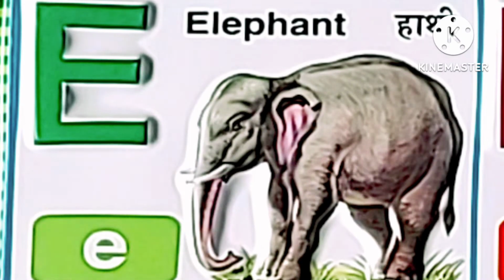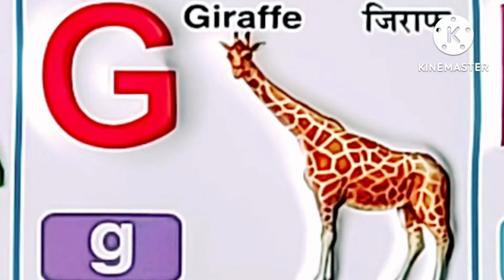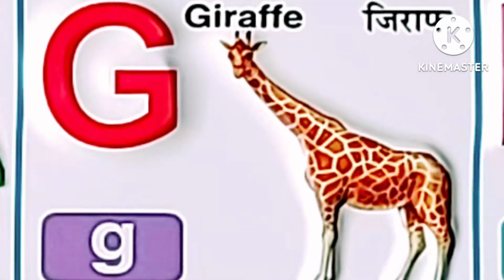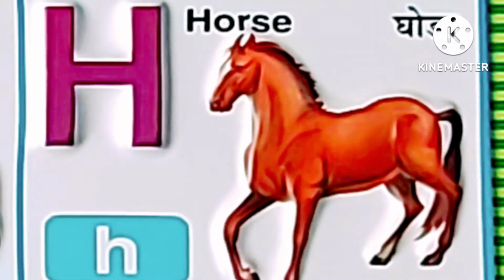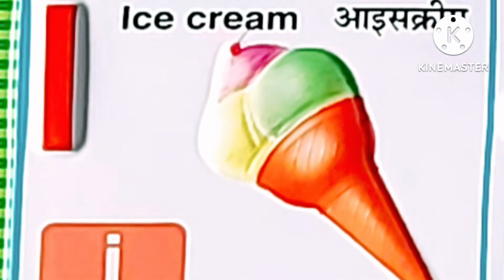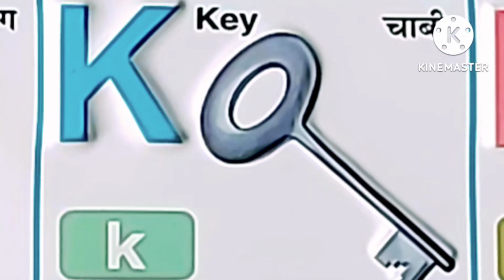E for elephant. F for flag. G for giraffe. H for horse. I for ice cream. J for jug.